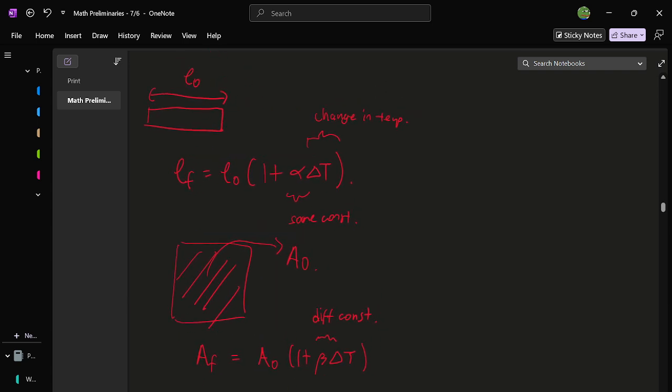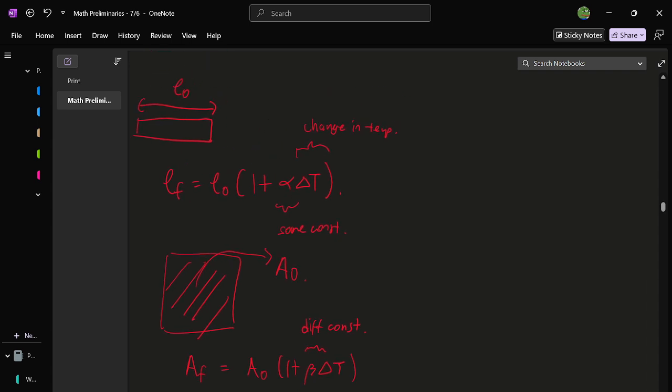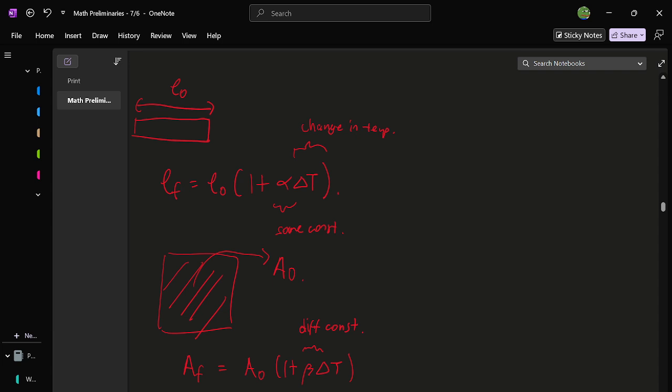So the way that you should work around this is, firstly, area is proportional to length squared, and I think everyone agrees with this because you can either see it in terms of dimensions, or it's just logic, basically. So what this means is that if you have this for your length, you can apply it to your area.